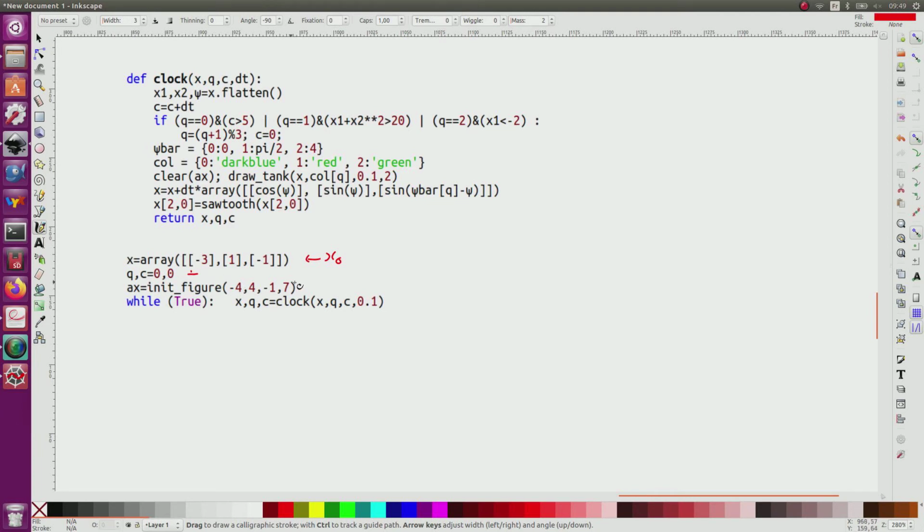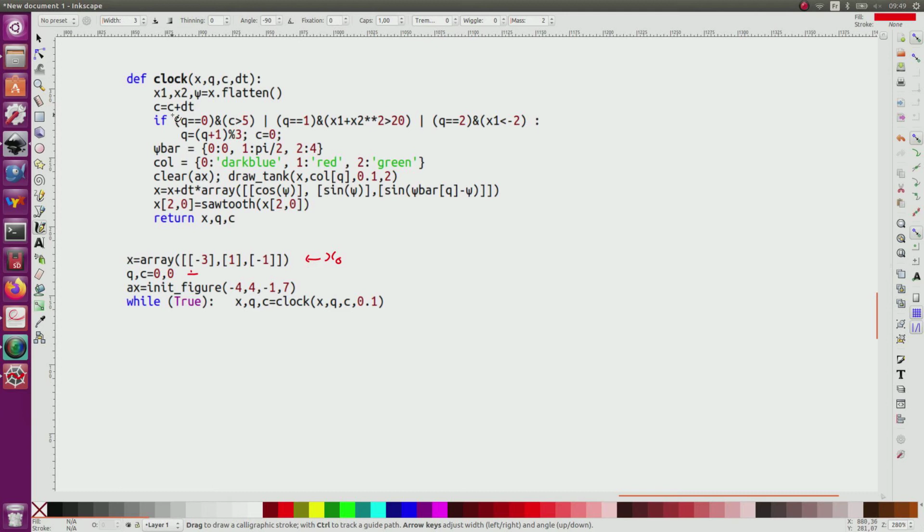I initialize my figure, and I will perform a loop by the function clock, which via an Euler formula will change the state variable x, q, and the clock also at each sampling time dt. So this is why here I put the dt, the sampling time, to 0.1. The state x, q, and c are parameters of the clock.